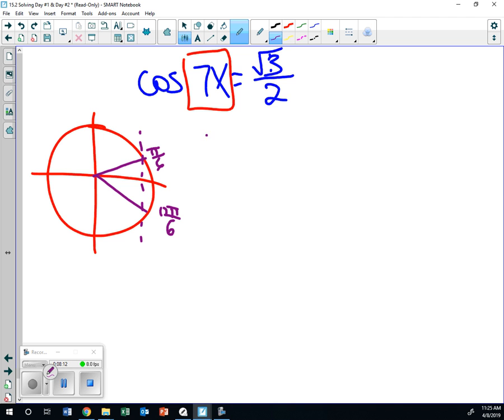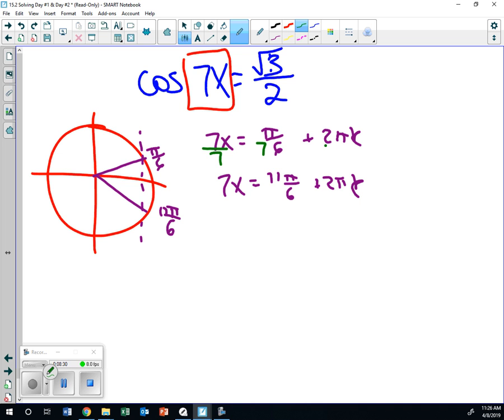So your two answers will be 7x equals pi over 6. If you want to, put the plus 2 pi k in there. And then go 7x equals 11 pi over 6 plus 2 pi k. Then all we do to solve for x is divide by 7. And that looks weird.